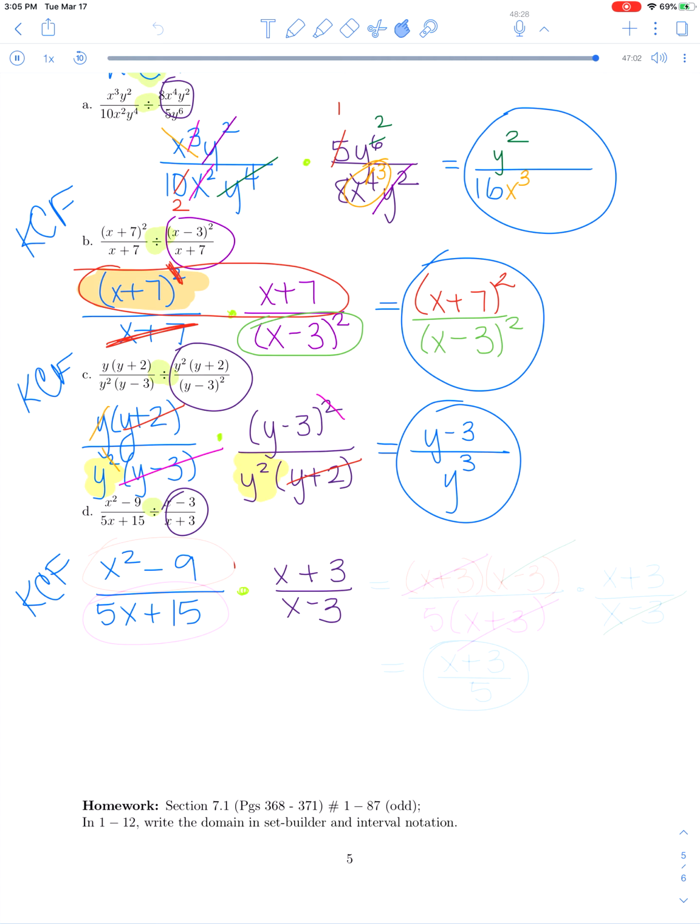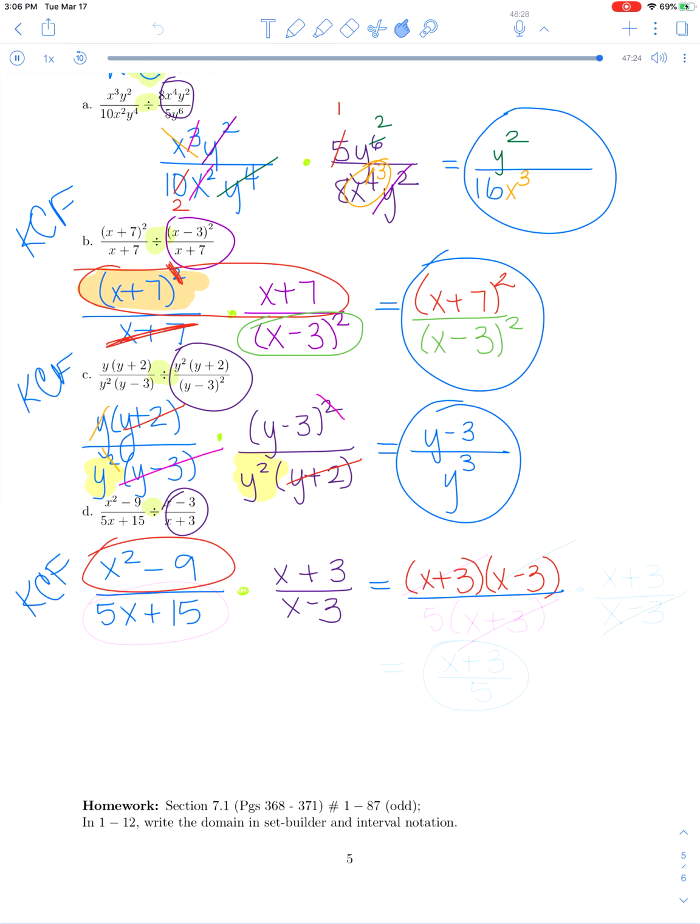Now let's factor, and then we'll cancel and reduce. So factoring, well, only the top of the first fraction can factor. It factors as a difference of two squares: x plus 3, x minus 3. And the bottom of the first fraction also factors.